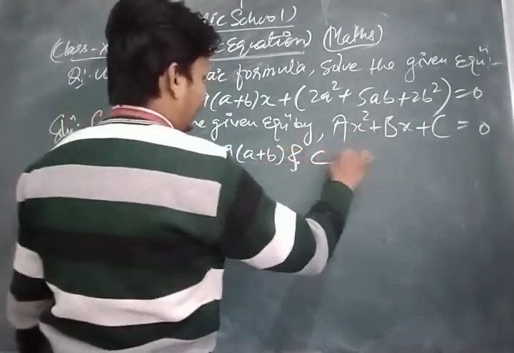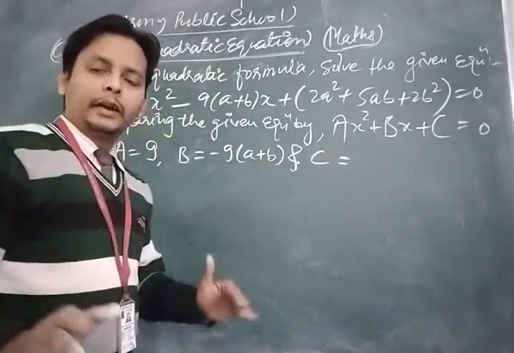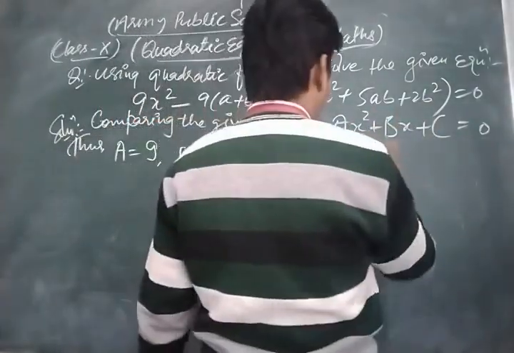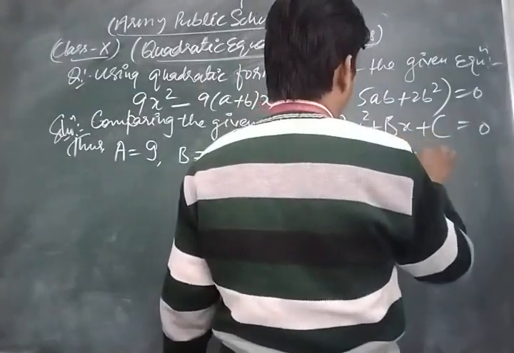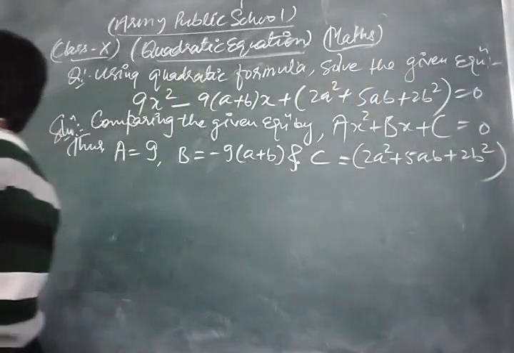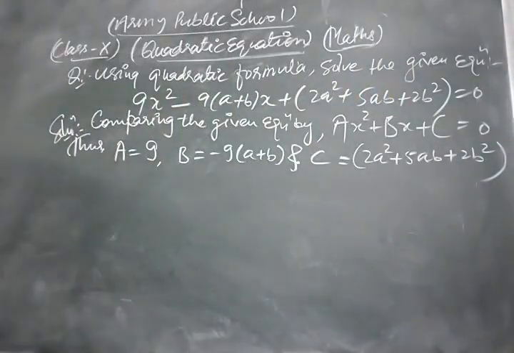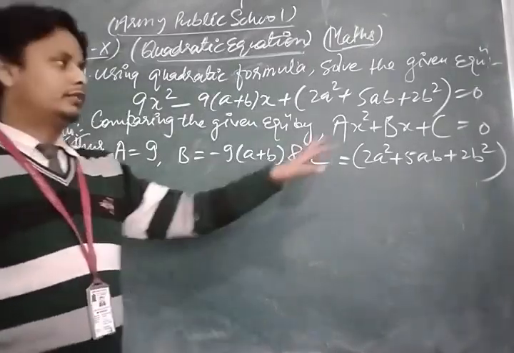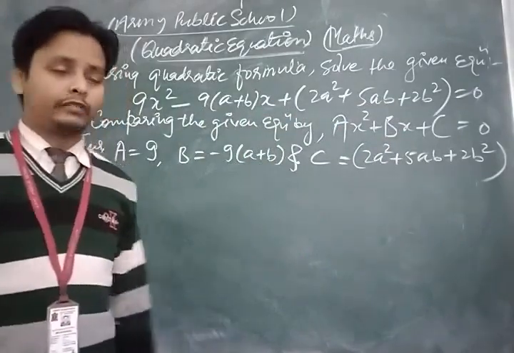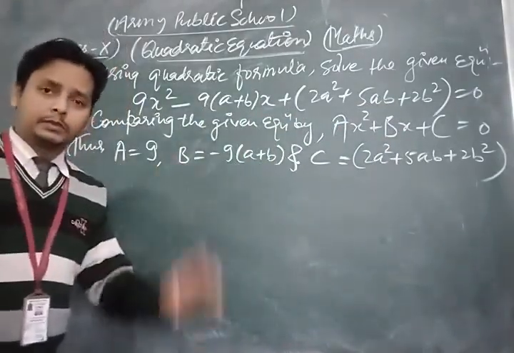And the value of c, the term independent of x, that is the constant term, is the whole term 2a square plus 5ab plus 2b square. In this way, by comparing the given equation with the original form, we find the values of a, b and c respectively.